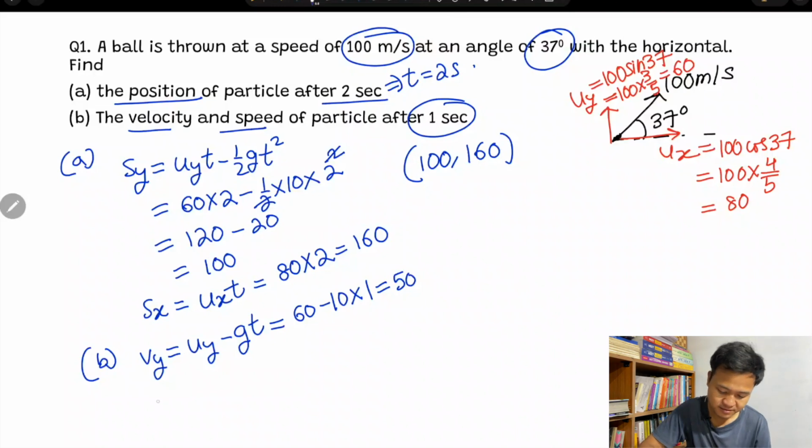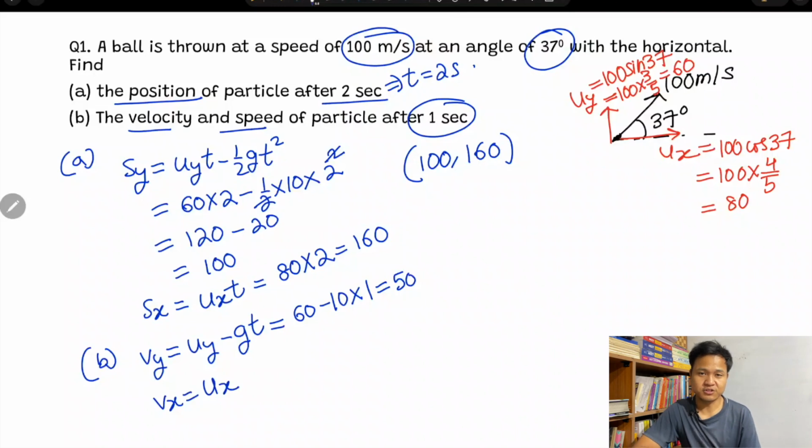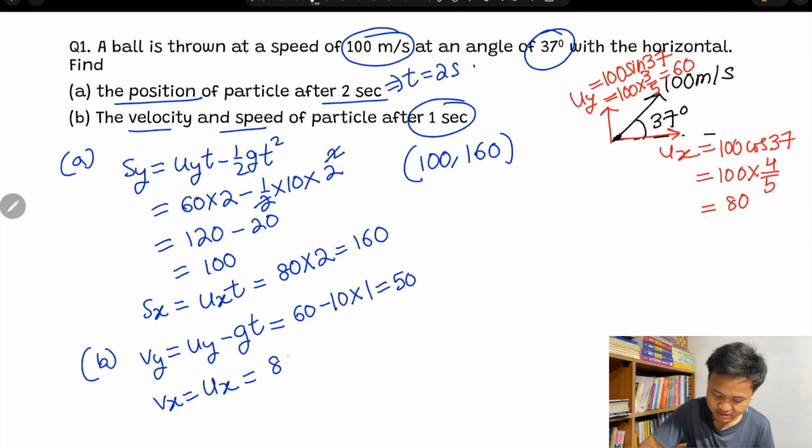Similarly, vx is ux, the horizontal component remains the same, so how much is this? 80. So how do you write the velocity? Velocity will be given by 80 along the x, plus 50 z cap.